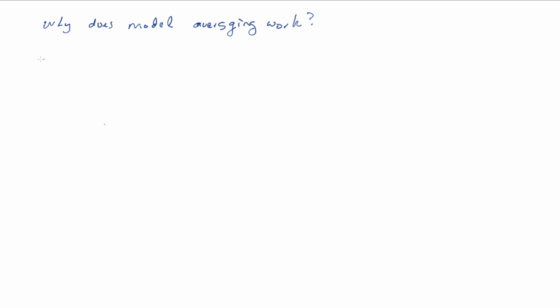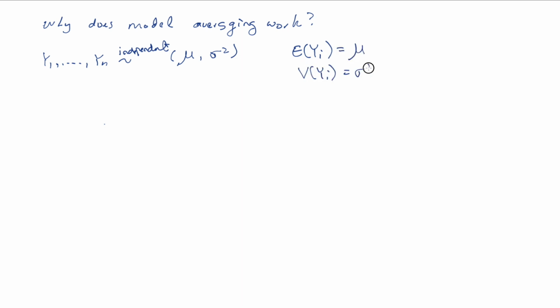Well, let's think of the case where we have a bunch of random variables which are independent, and they have a mean, mu, and a variance sigma squared. So what this means is that the expectation of yi is equal to mu, and the variance of yi is equal to sigma squared for all of them, and they're independent.